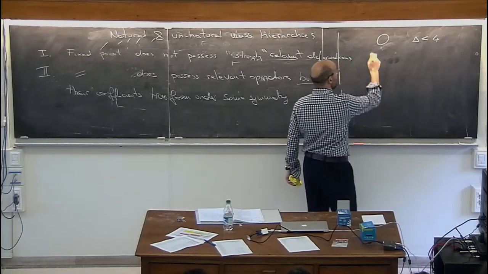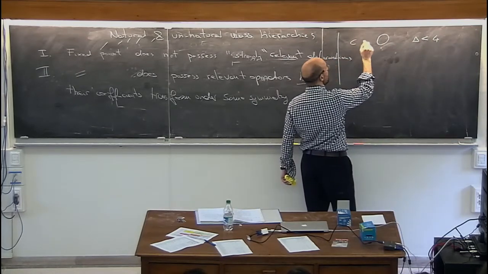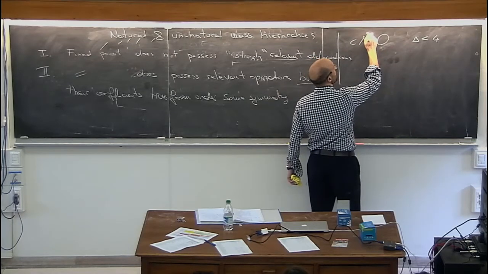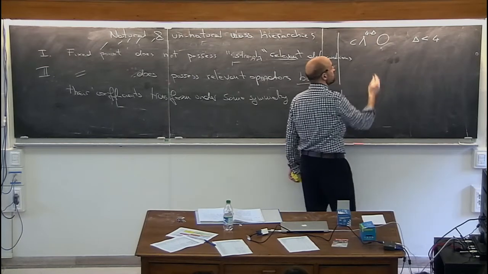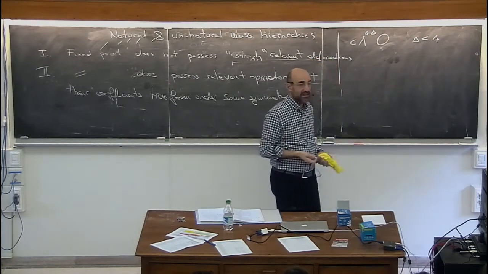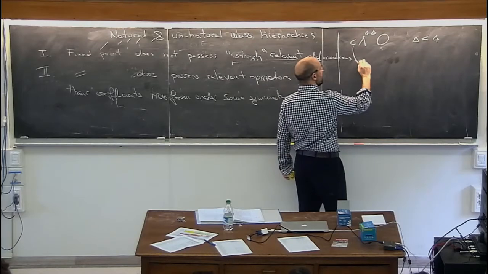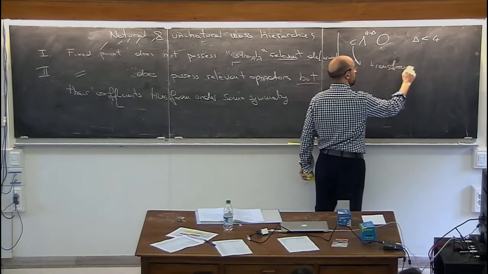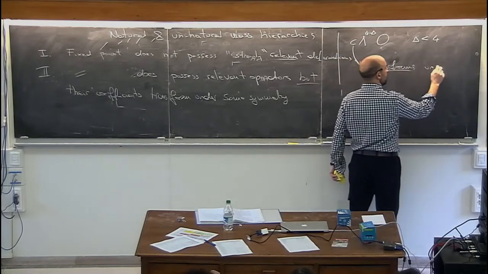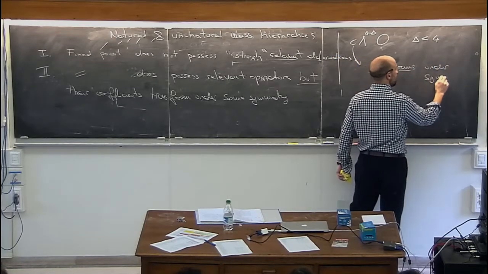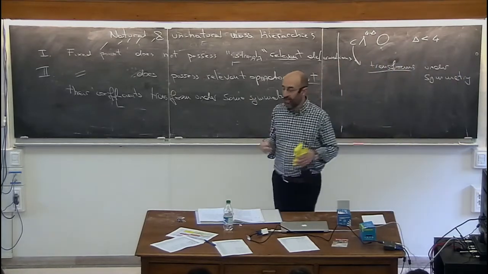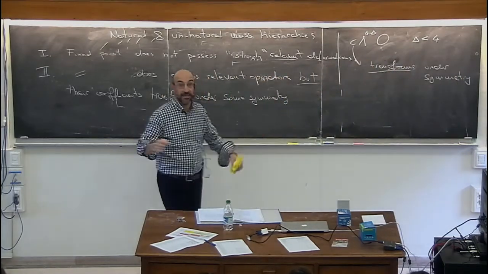The corresponding coefficient is going to be C lambda to the 4 minus delta, and if delta is 2, this is okay. However, this C transforms under a symmetry which is very well respected by all the other couplings.